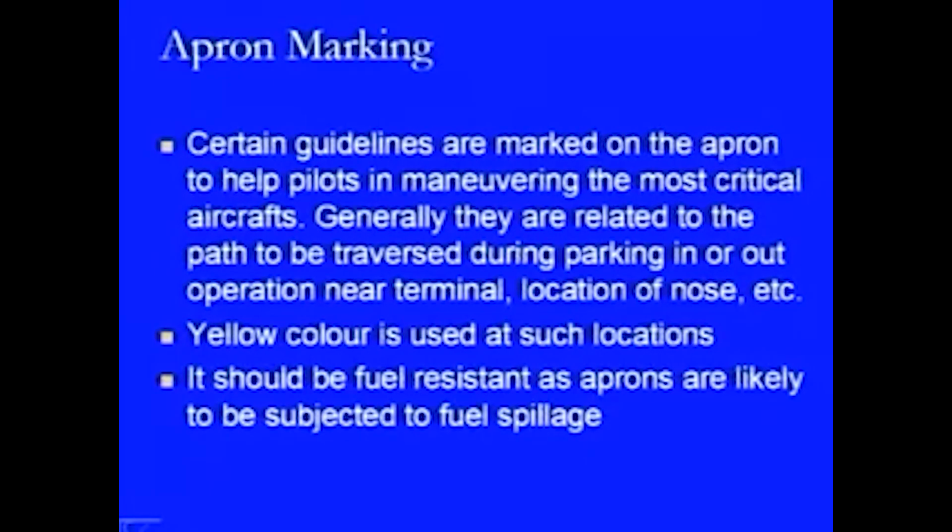Another thing is that the color used should be fuel resistant, because there are all chances that during the filling of the aircraft or during certain other maneuvers, the fuel may spill, and that may create a problem to such markings. So, that is one important specification of the paint which is used as a marking on airports, that is, they should be fuel resistant.